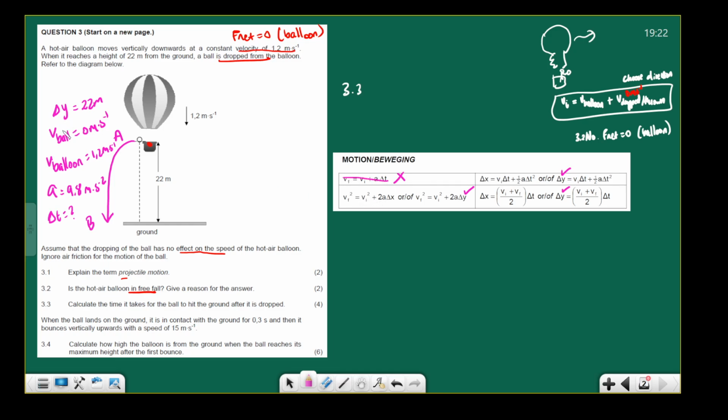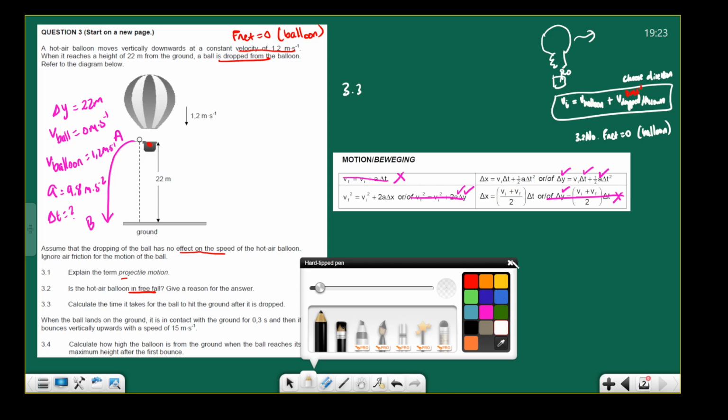Then we say which formula has acceleration. So this has acceleration, this has acceleration, but this doesn't have acceleration, so this one is already out. Then our time, right? This one has time, this one doesn't have time, so it's already out. So that leaves us with only one formula we can use.